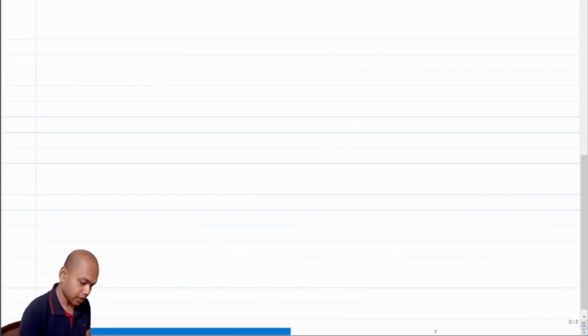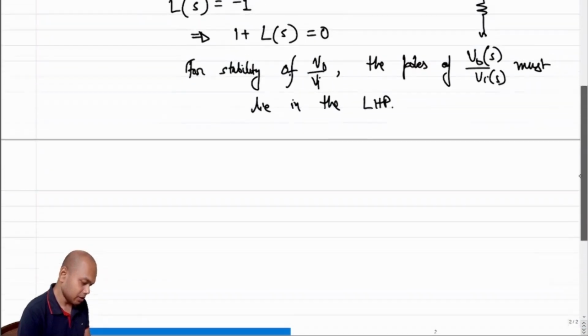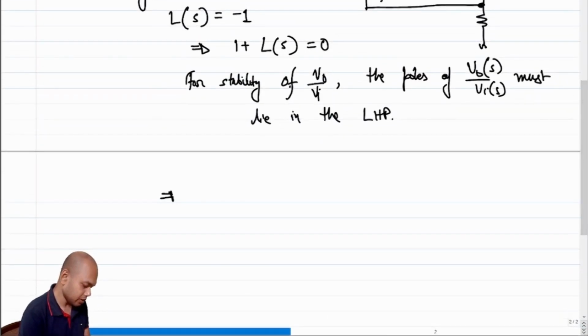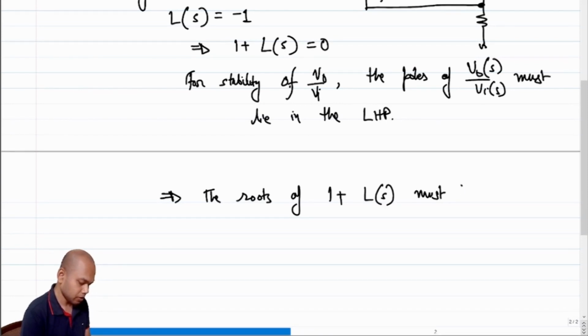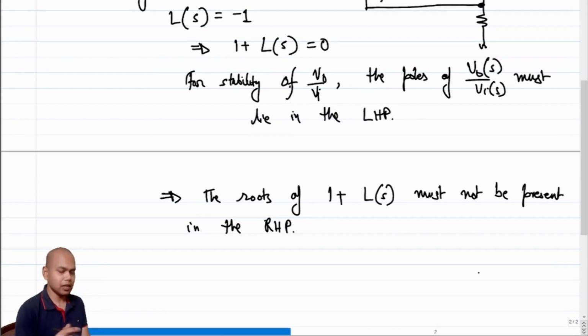What does that imply? This implies that the roots of 1 plus L of s must not be present in the right half s plane. These are consequences of stability.